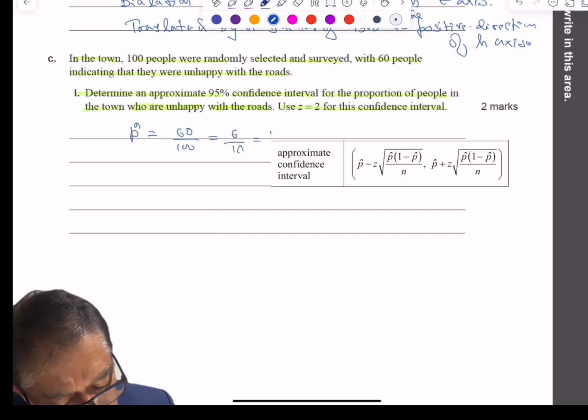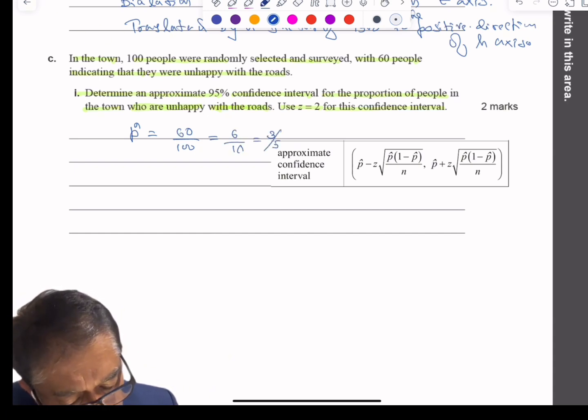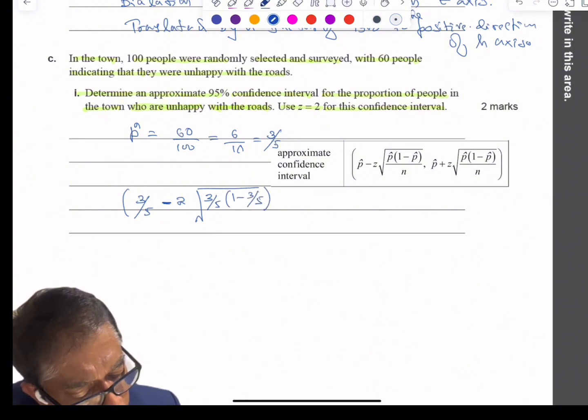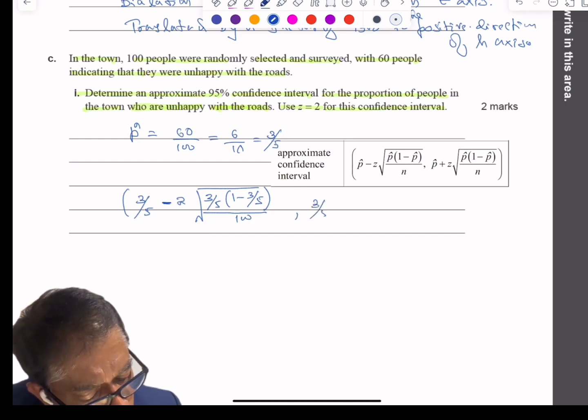Now we have to substitute. 3 over 5 minus, z value is 2, times the square root of 3 over 5 times (1 minus 3 over 5) over 100, comma, 3 over 5 plus 2 times the square root of 3 over 5 times (1 minus 3 over 5) over 100.